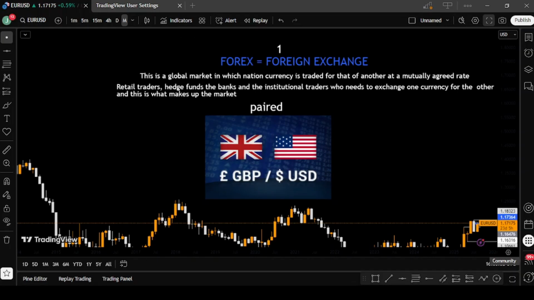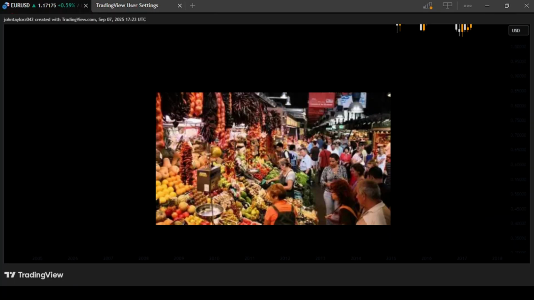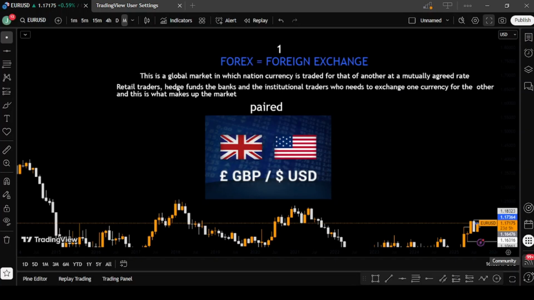Compare this market to your normal physical local market where you see both buyers and sellers. This is the same, but digital. All your buying and selling is done online just by clicking a buy or sell button on your phone. Simple as that.